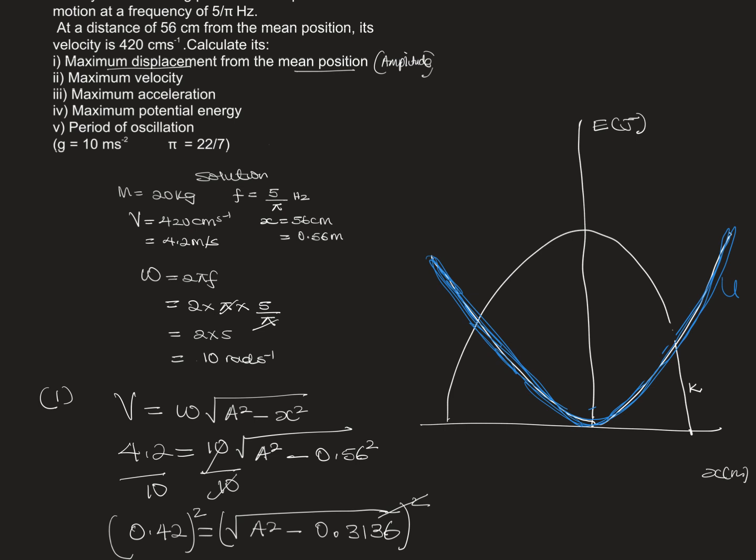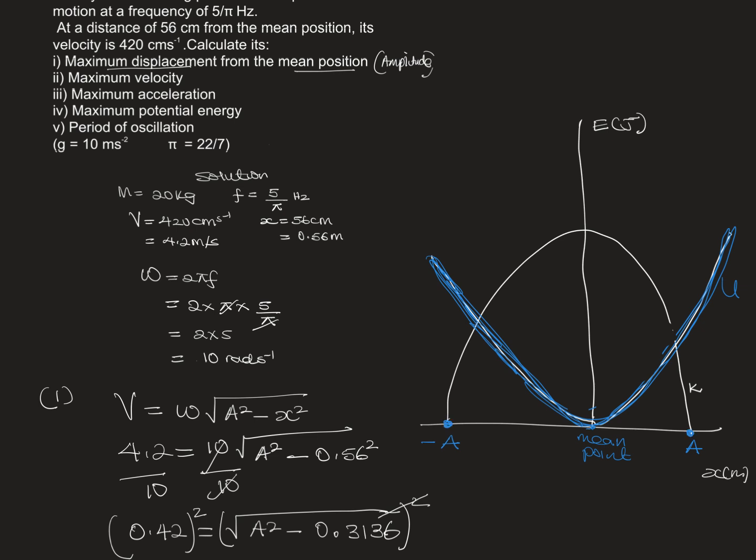This point is called the mean point or the equilibrium point. This is going to be the amplitude, and this is the amplitude on the other side. So the maximum horizontal displacement is what we call the amplitude.